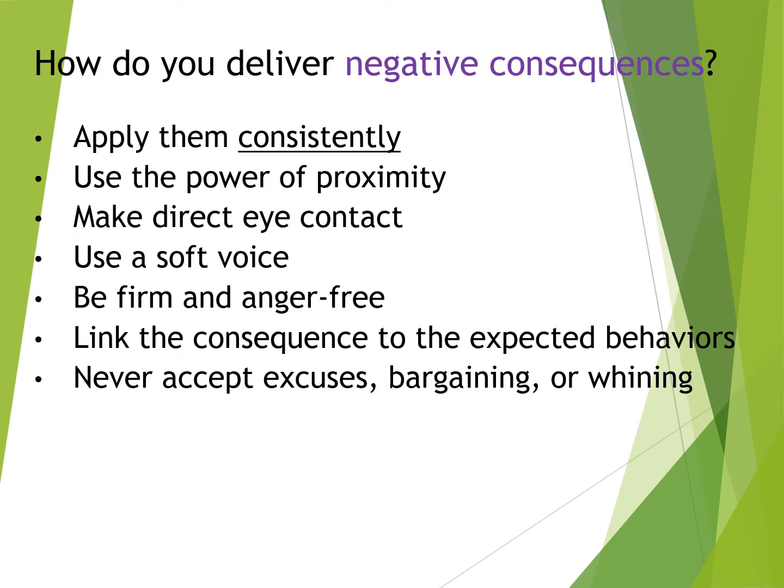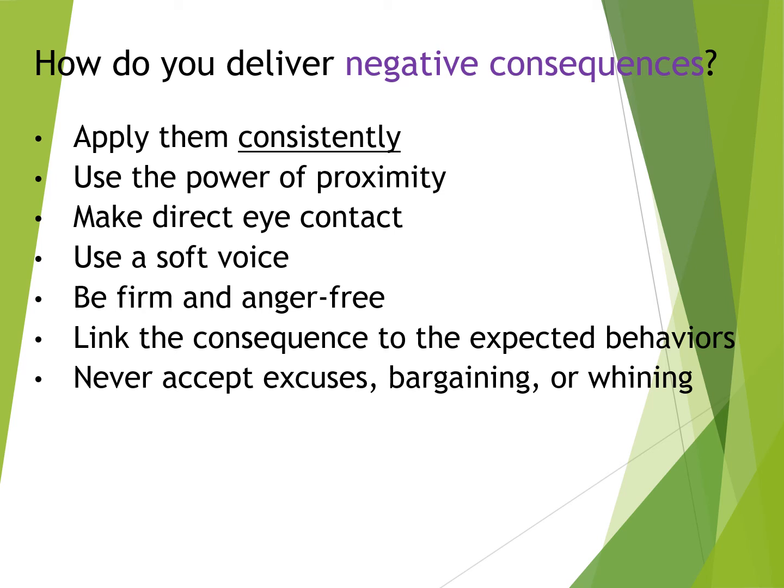So one of the things that I see with teachers quite a bit is that they don't know how to deliver negative consequences, and that can be a challenge for new teachers. So here are some tips. Make sure that you apply them consistently. If the negative consequence is going towards student A, and student B does the exact same thing, that negative consequence is consistently applied.